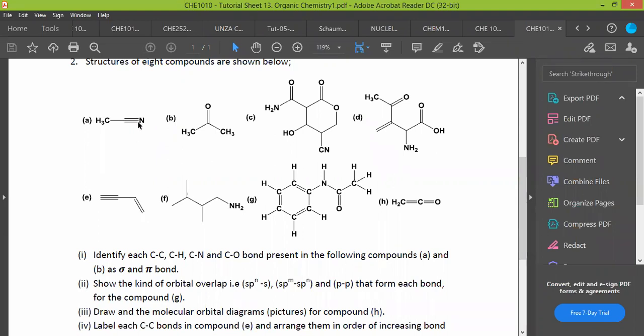What you should know is that whenever you have a bond and it ends like that, that simply means where that bond is ending, there is a carbon atom. So this simply means here there is a carbon atom. So you have to rewrite this one since you are doing this organic chemistry for the first time and you need practice.